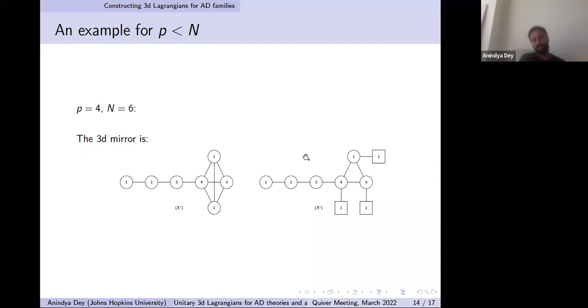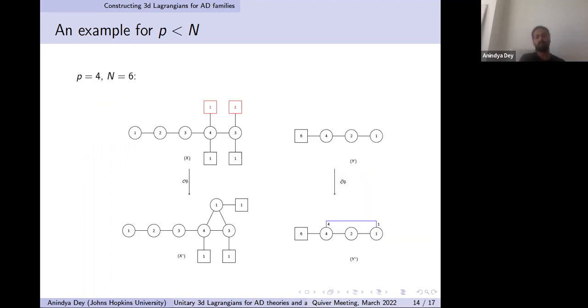Again, we ask the question whether this has a Lagrangian mirror, and the answer is yes. So again, the starting point is a pair of linear quivers, X and Y. You identify these two, add a flavor, and gauge it. And the result on the other side is just adding an abelian hypermultiplet connecting 4 and 1.